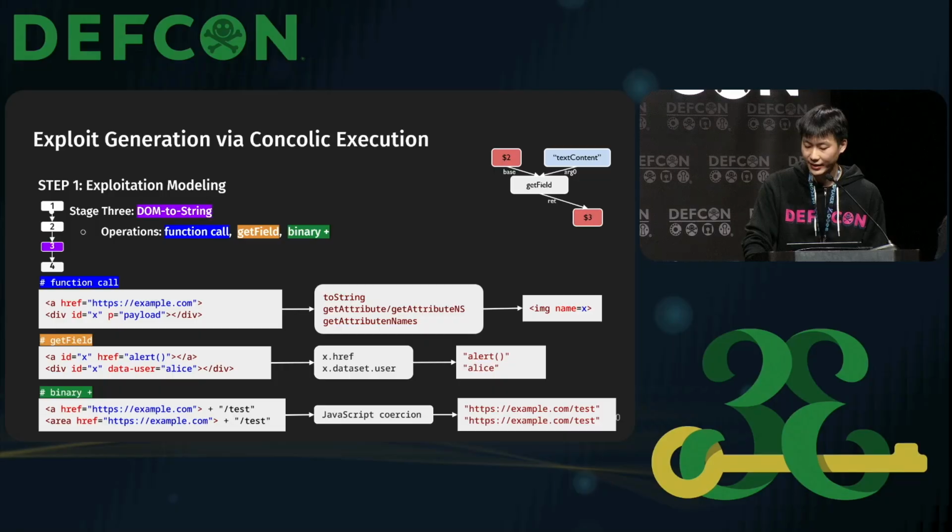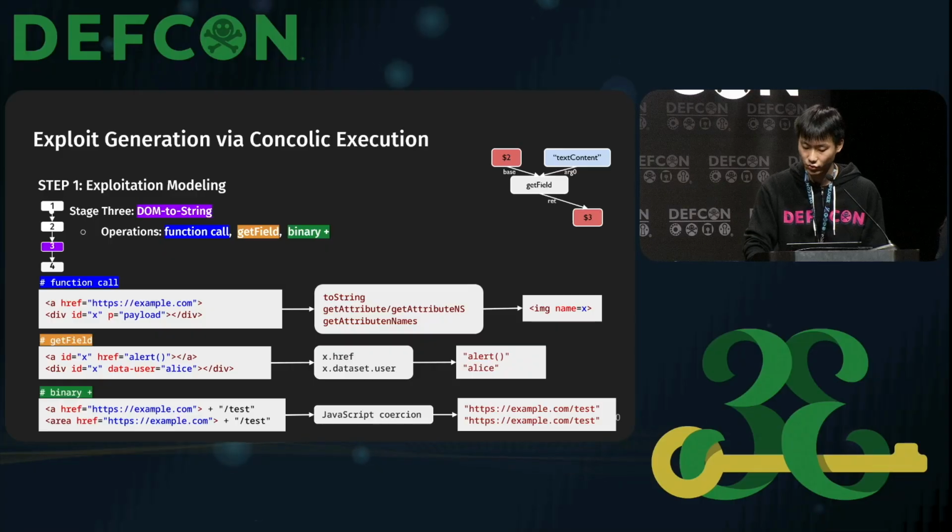It applies to the a and area elements, where accessing those elements triggers the use of its href value as a string. The catch here is the href value must be a valid URL, and the browser will often auto-fix it with a protocol like HTTPS or whatever is used in the current page.